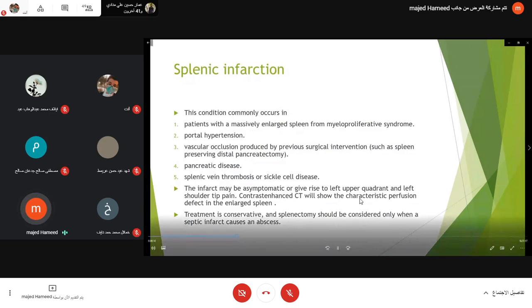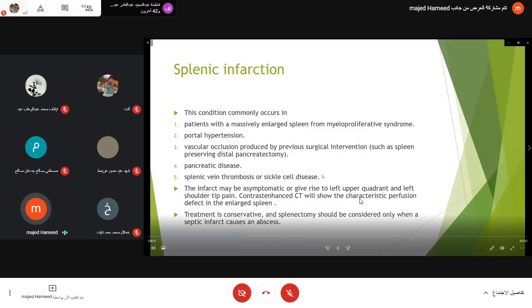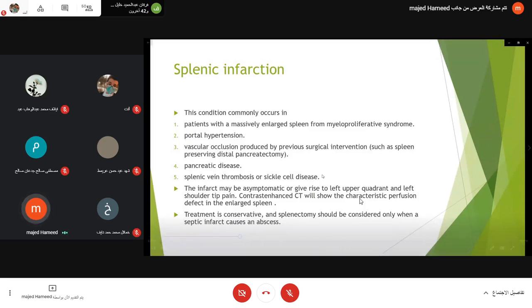Splenic infarction. This condition commonly occurs in patients with massively enlarged spleen from myeloproliferative syndrome, portal hypertension, vascular occlusion produced by a previous surgical intervention, such as spleen-preserving distal pancreatectomy, pancreatic disease, splenic vein thrombosis, or sickle cell disease.